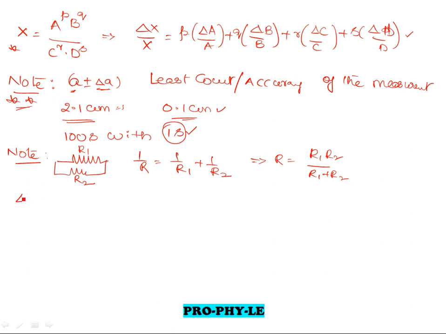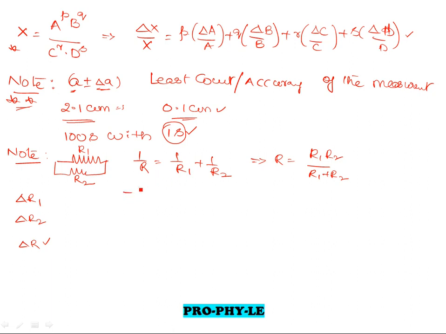If delta R1 is the error in measuring R1 and delta R2 is the error in measuring R2, and you are asked to identify the error in measuring resistance, then you have to use a differentiation technique.